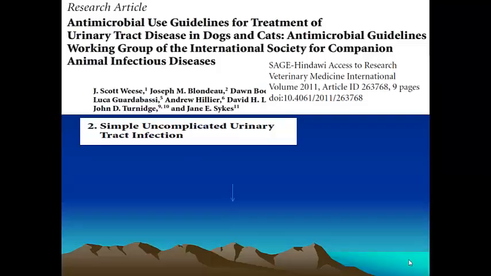The first one is the typical sporadic bacterial infection of the bladder in an otherwise healthy animal, which is not secondary to another disease or comorbidity. You reach a diagnosis by doing a complete urinalysis. That should be the minimum database for evaluation of any suspected urinary tract infection. Ideally, you want to collect a sample by cystocentesis, but if you have the animal catheterized, obviously there is no need for doing that.